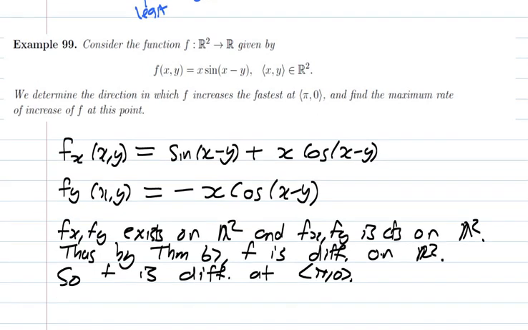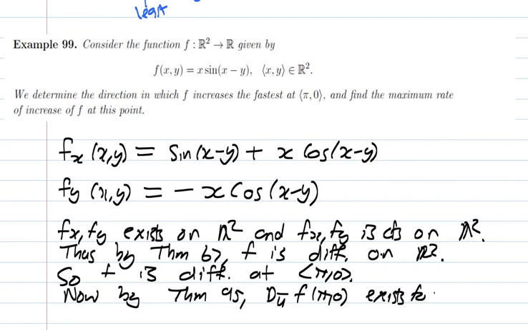This is good news because now by theorem 95, the directional derivative in the direction of any unit vector u exists. So now we know that all of the directional derivatives exist. Now we can try to answer the question by using theorem 98. In which direction is the directional derivative the most, and what is the value of the directional derivative in which it is the most?